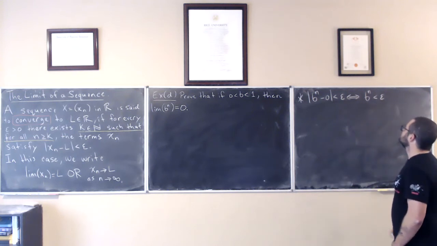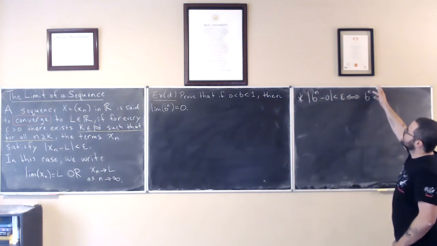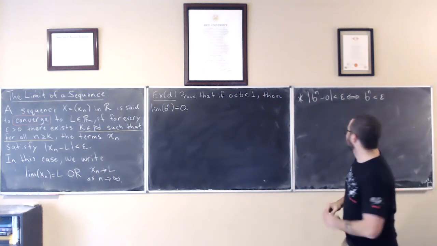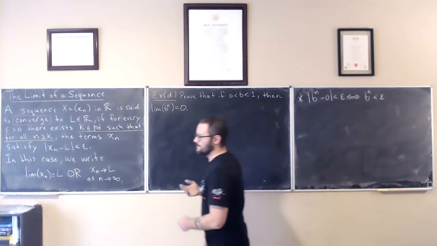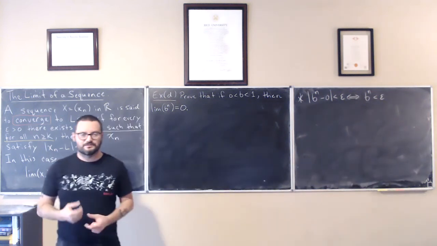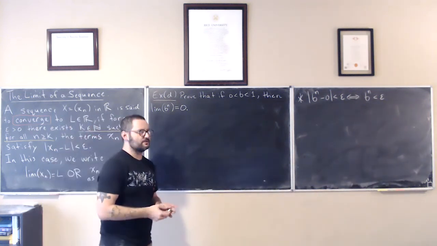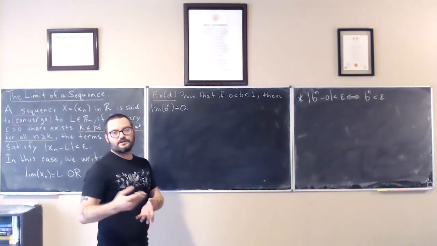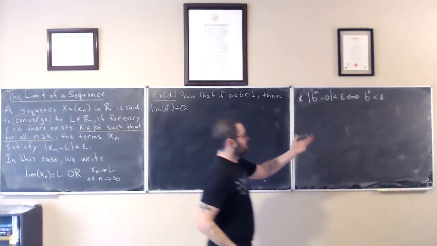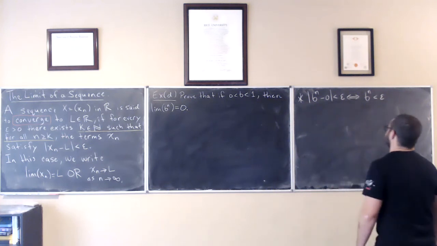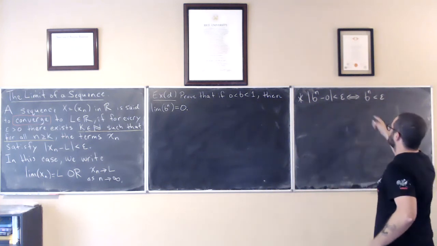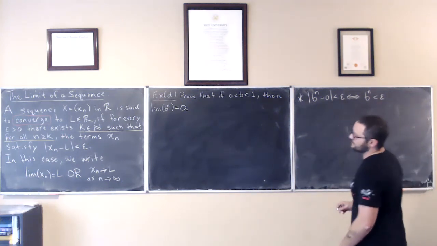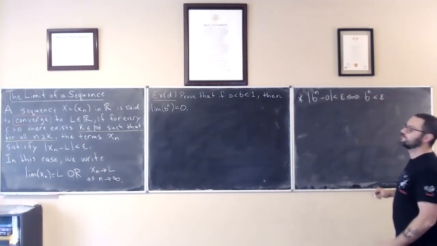And I see that the n value is in the exponent. And typically you don't want that. You want to be able to solve for n in a way so that you can compare it to the cutoff k. So to bring that n down, I'm just going to take the natural log on both sides of this. Natural log is monotone increasing, so the inequality will hold.